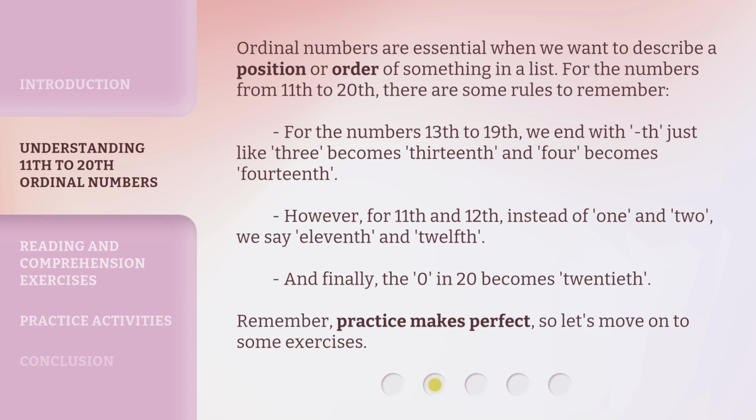However, for 11th and 12th, instead of 1 and 2, we say 11th and 12th. And finally, the 0 in 20 becomes 20th. Remember, practice makes perfect, so let's move on to some exercises.